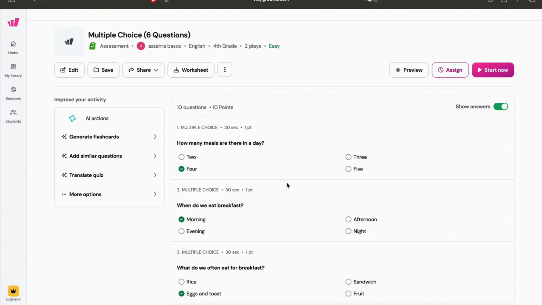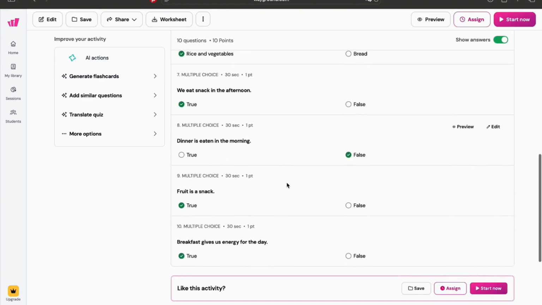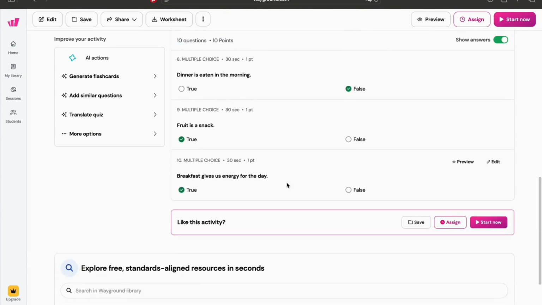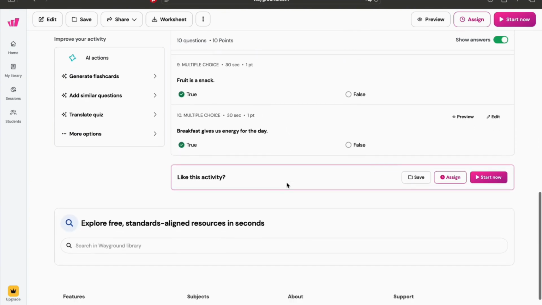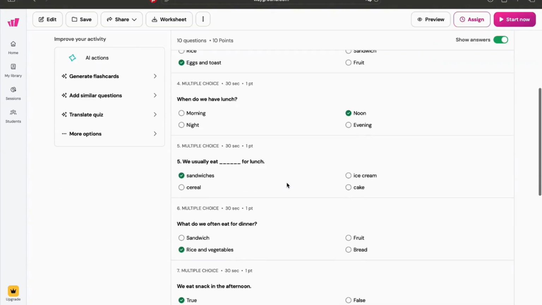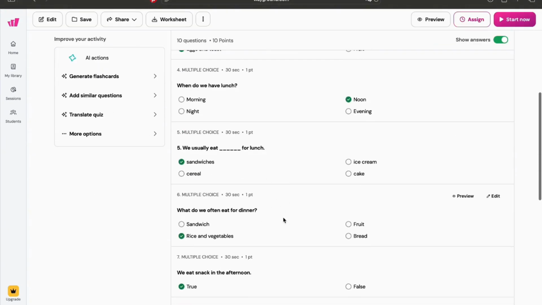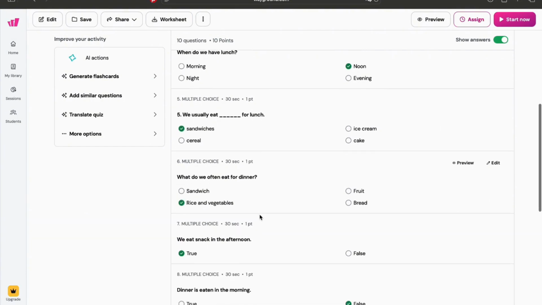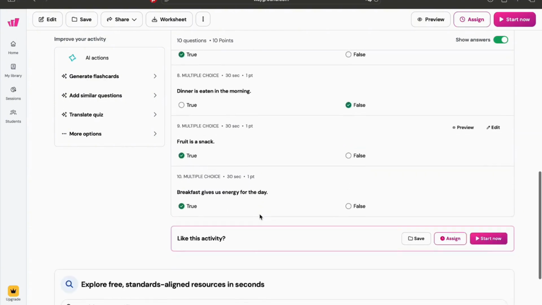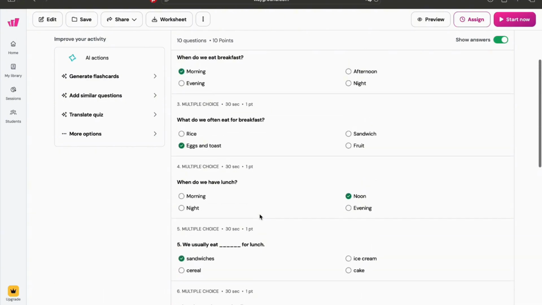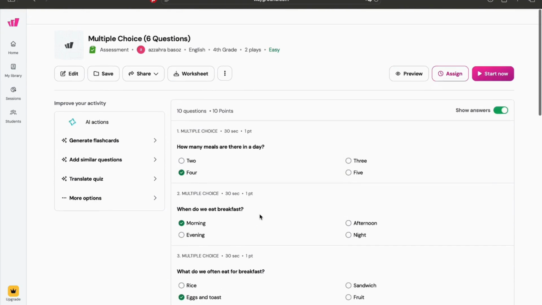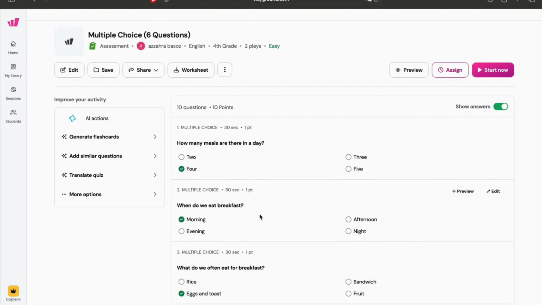The exercise consists of 10 questions, which include 6 multiple choice questions and 4 true or false questions. So I used different types of questions to make the activity more varied and to check students' understanding from different aspects.